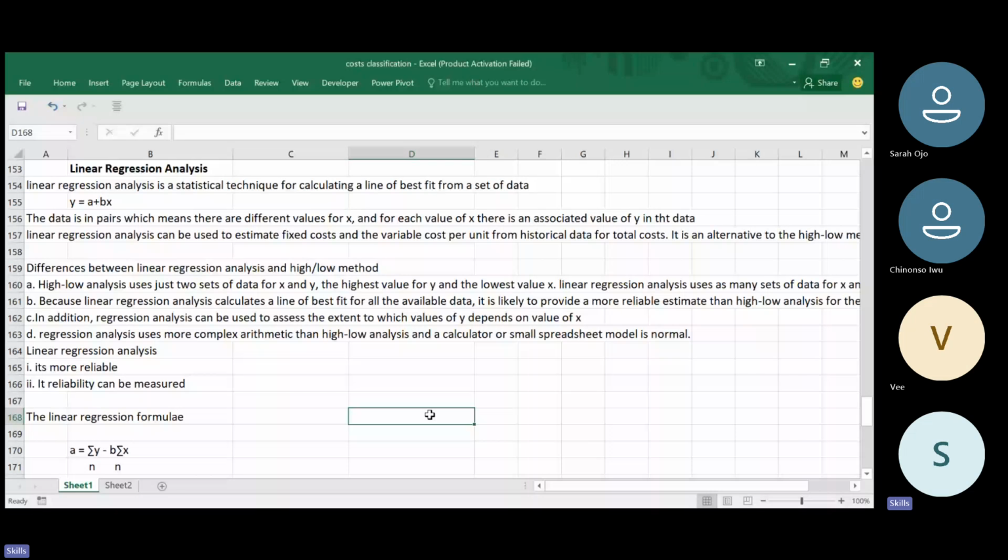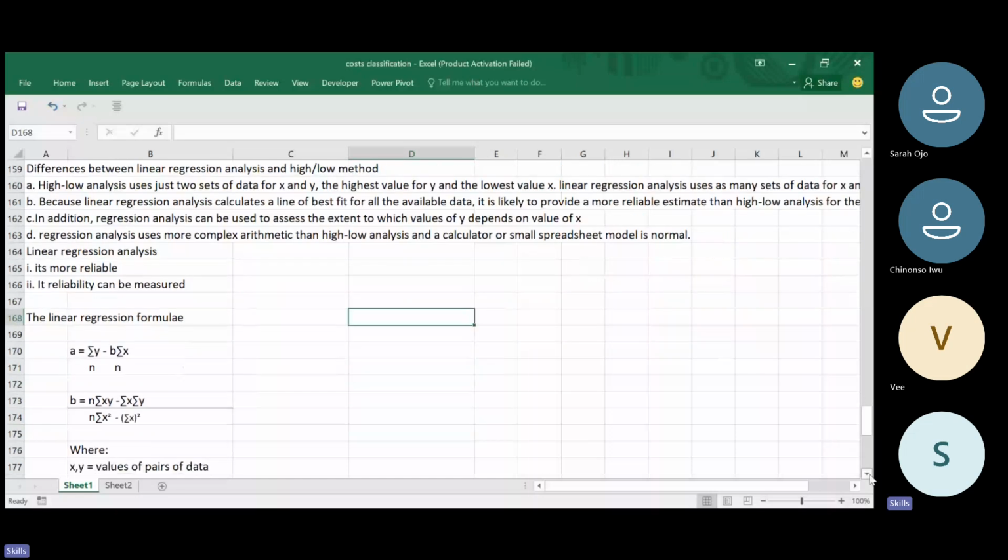So this is the formula for the linear regression. a is equal to summation y all over n minus b summation x all over n.